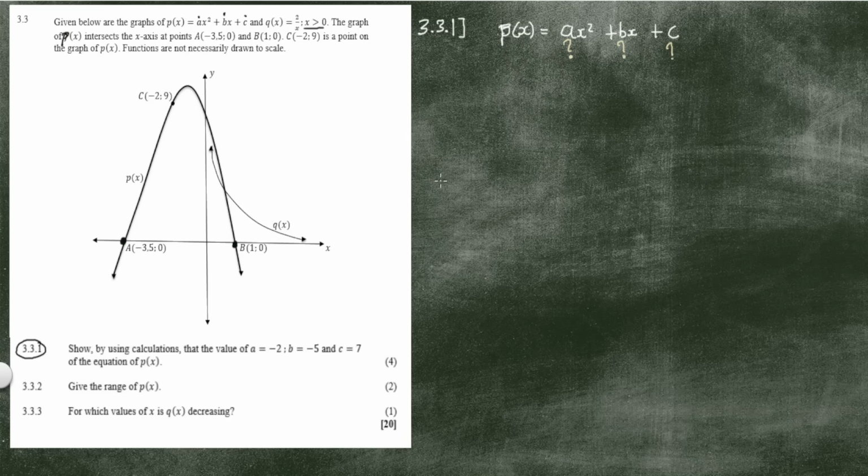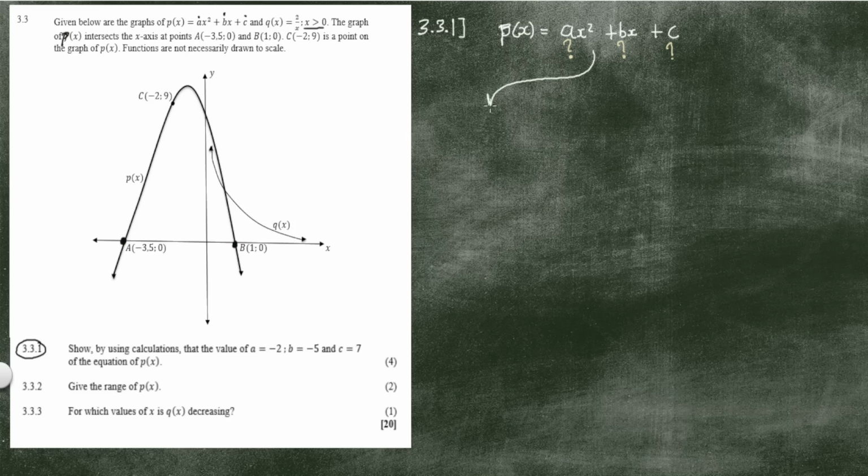So what do we do then? You need to find out what you are given on the sketch. We are given two x-intercepts, the A and the B. We are also given a random point on the sketch of P, right? So how do you deal with such a situation now?